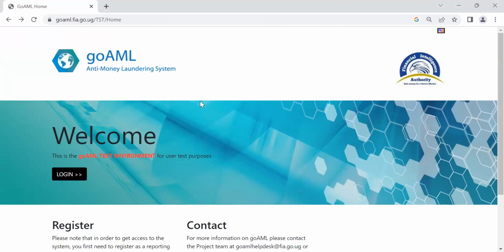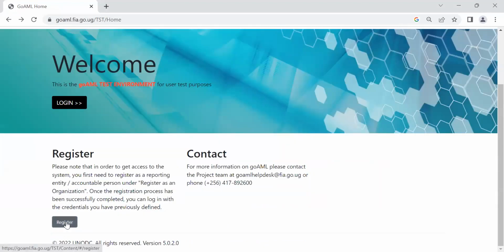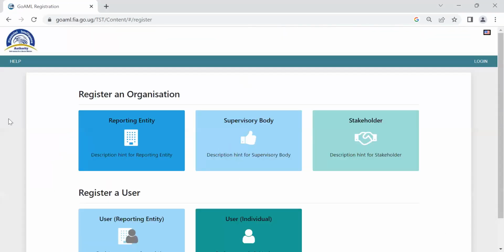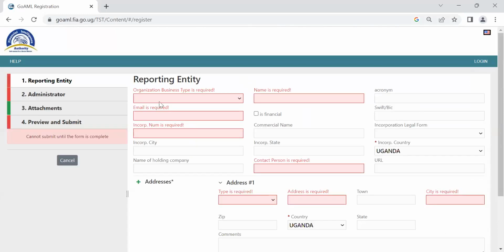Once you've logged in here, you just click on register. Make sure it reads goAML test environment, then you go to register. And once at register, you pick reporting entity, register an organization, reporting entity. And this is the form we are on now.